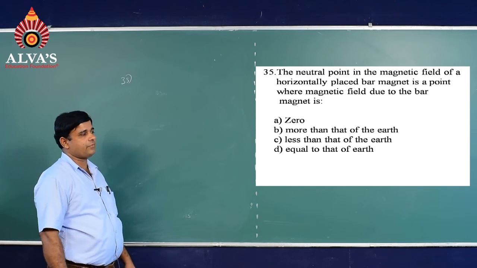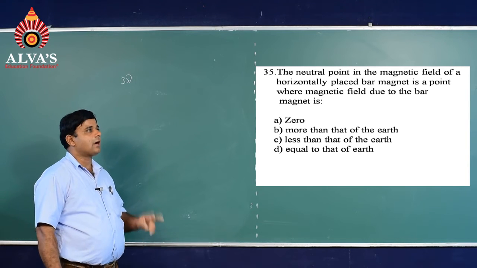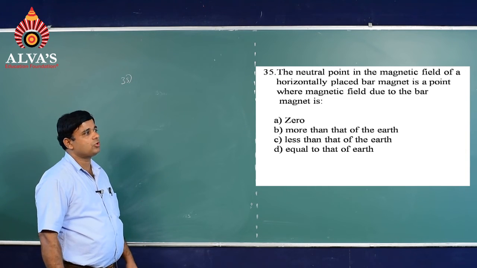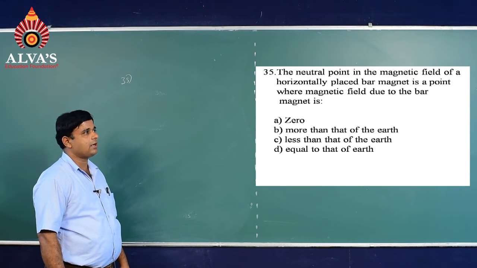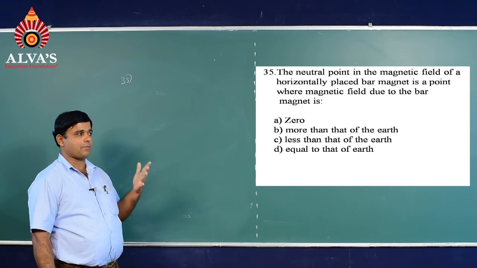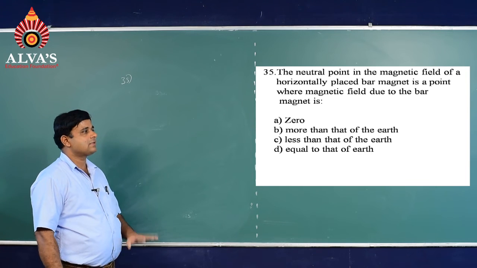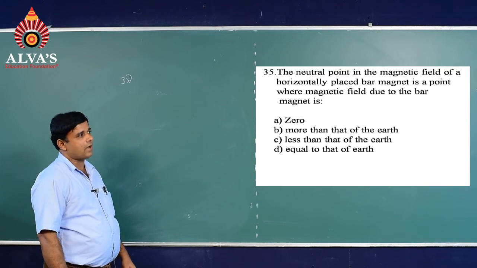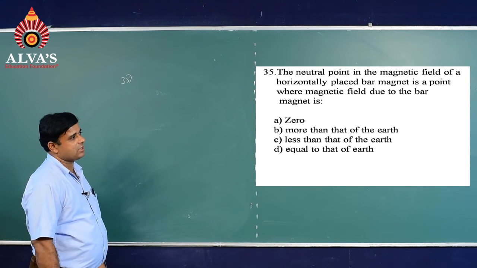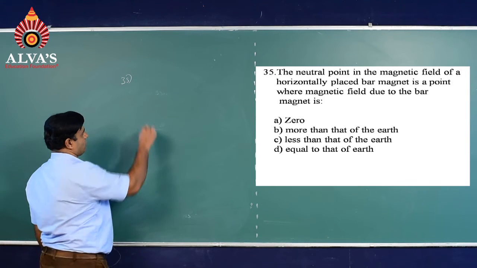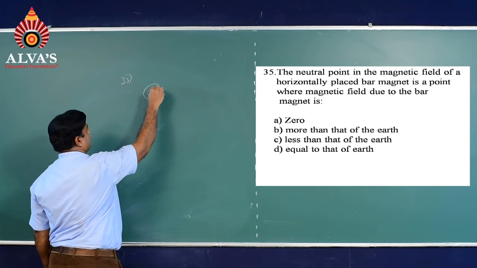To neutralize that, the earth's magnetic field should be opposite to the magnetic field of the bar magnet, but equal to that of the bar magnet. So, the answer should be its field should be equal to that of earth, but in the opposite direction, hence net field is 0. So, the answer should be D.